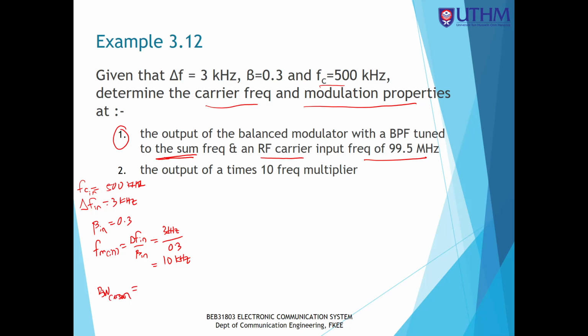Since I cannot find 0.3 from the Bessel table, I can use Carson. Bandwidth is 2 times delta F in plus Fm in.